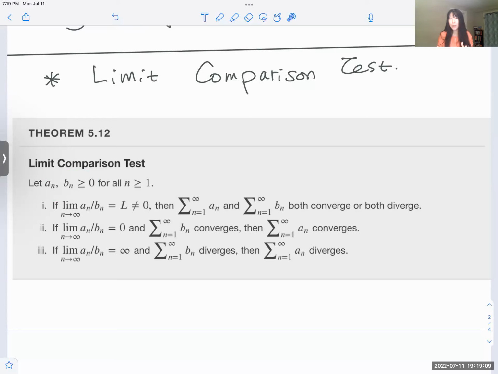So A sub n or B sub n will be given, then we create B sub n or A sub n as earlier, okay? Now we take the limit of A sub n divided by B sub n. We get some number.